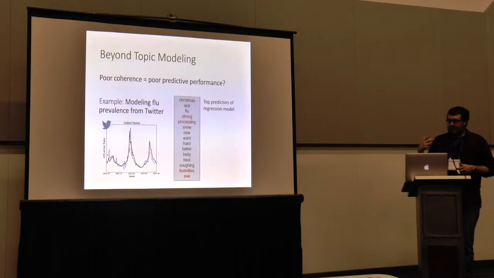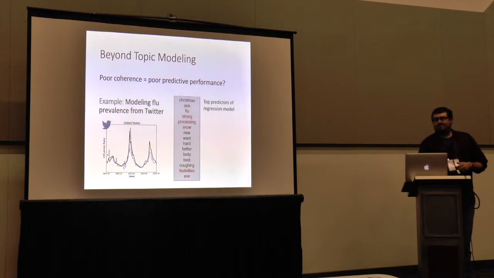And so in situations where you don't have enough years of data to evaluate, say, the F-score of this model, one thing you could consider is the coherence metrics from topic modeling, because the word Christmas is going to have a really low association with the word flu, and so this set of predictors does not form a coherent topic, basically. So something to think about is whether the idea of coherence could make a model like this less susceptible to noise and more robust and so on.